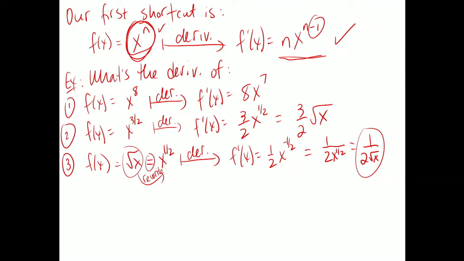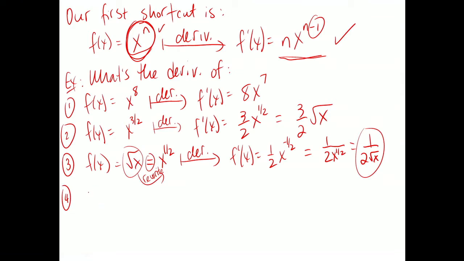But this brings up one more point, which is that I can then do negative exponents. Remember, the other type of exponent we might have, I could have whole numbers like 8, or fractions like 3/2 or 1/2. But the other type of exponent that I might have would be negative numbers.